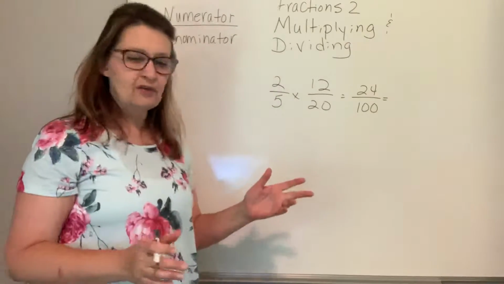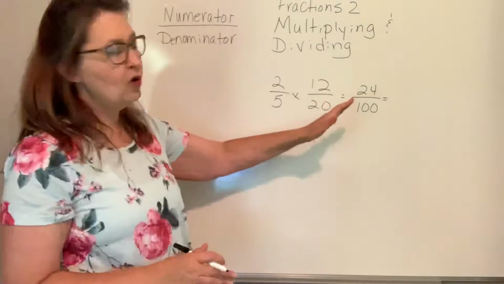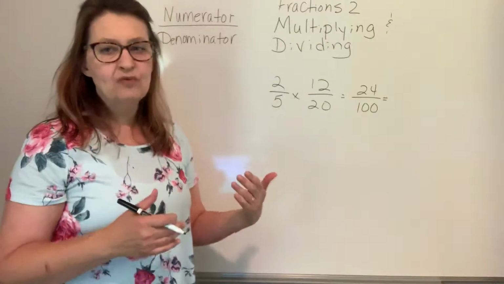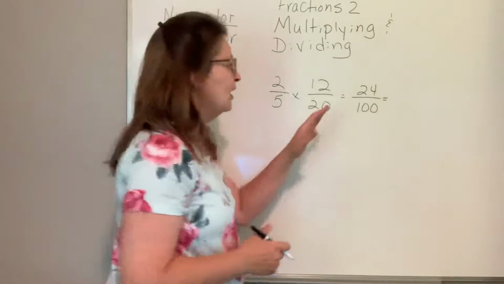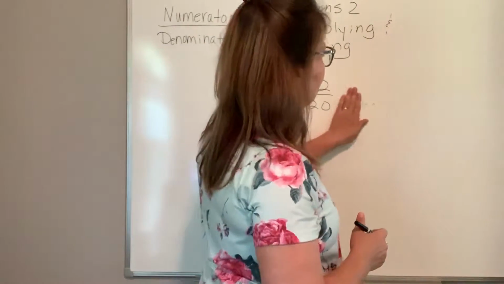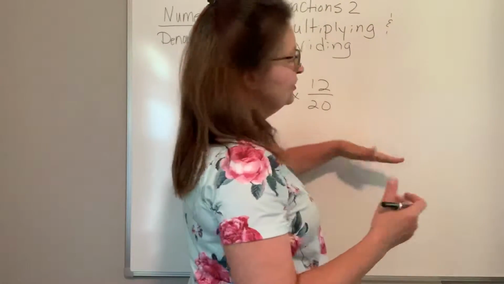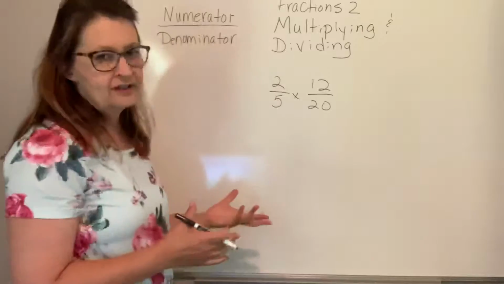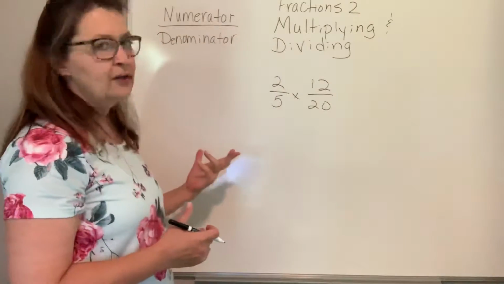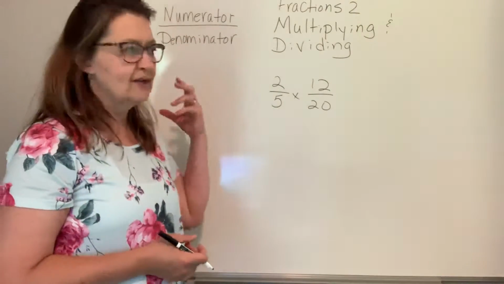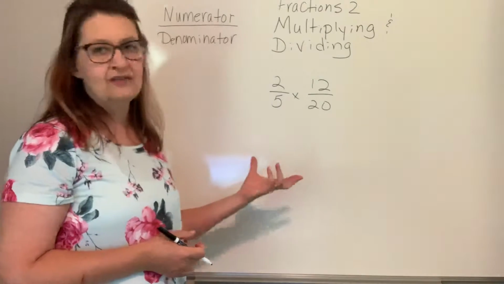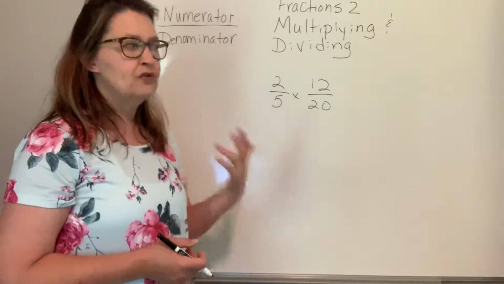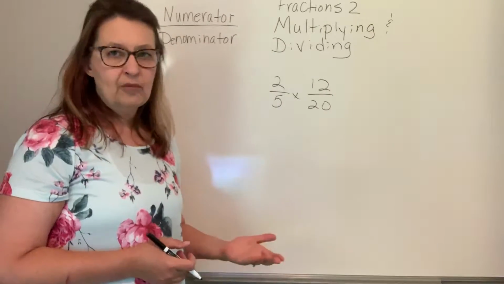Or, let me show you a little trick about this. You don't have to multiply first. You can reduce before you multiply. And this keeps your numbers from getting that large, which, if you've got a calculator, it's no big deal. But what we're trying to do here is learn these techniques, because these are things that you use in algebra when you start working with variables.